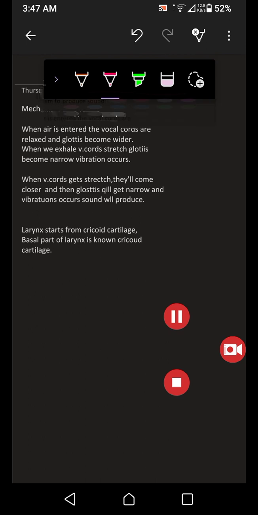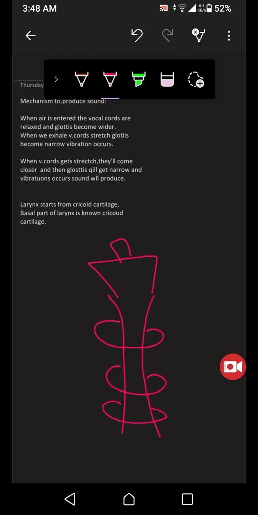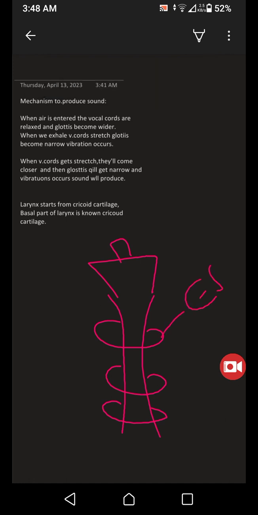Okay, so for example, this is the cartilage. This is the trachea, the glottis. This one is the epiglottis, and this is lying between over here. This is the trachea or the windpipe. These are the C-shaped cartilaginous rings. Those are covering this one.